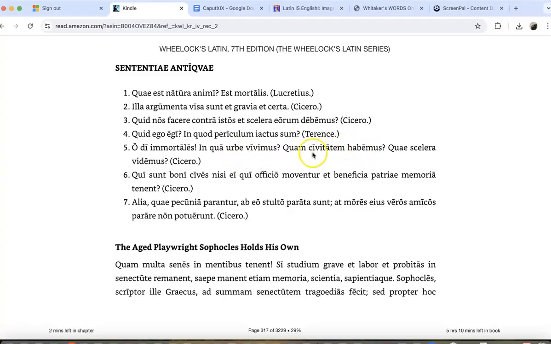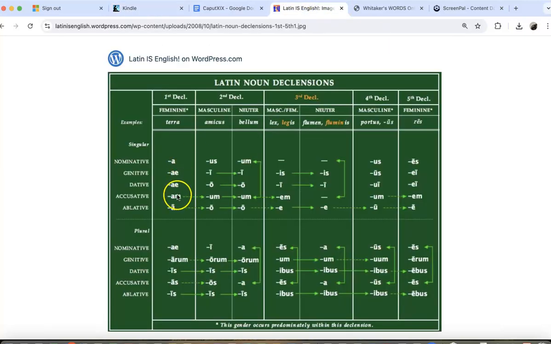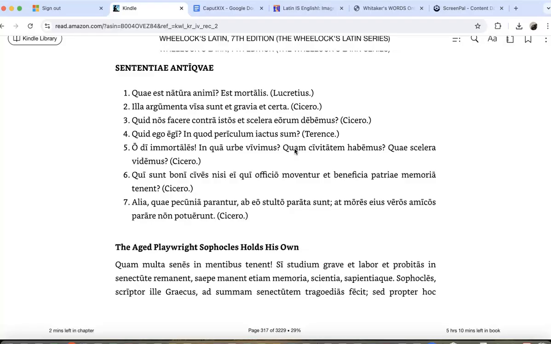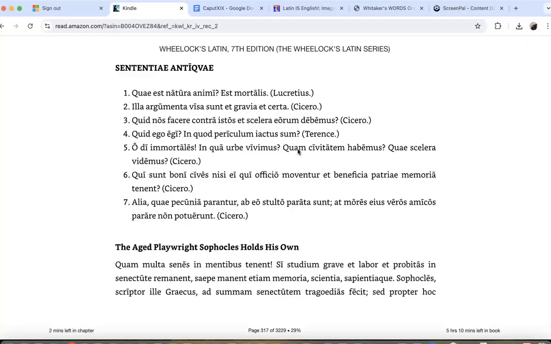Urbe, urbs means city, civitas means state. And here's quam civitatem, both in the accusative. So this is first declension accusative singular, namely am, but then we have civitatem, which is third declension accusative singular, just because state is third declension, whereas what in this case is simply just in the accusative form, first declension form rather.